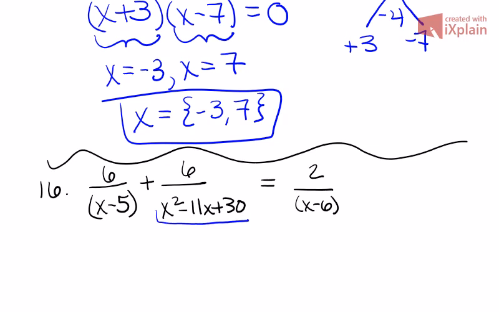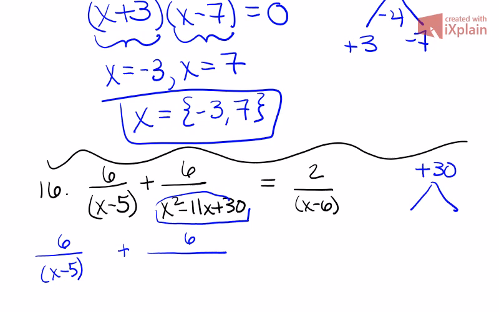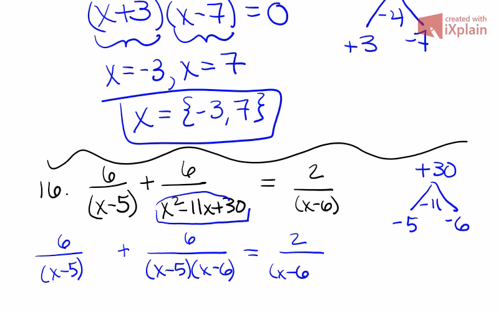First thing I need to do is factor this guy so that I know what I'm working with. So 6 over x minus 5, we'll leave that for right now, plus 6 over, again naked factoring, so what multiplies to 30 and adds to negative 11? Negative 5, negative 6. So this is going to be x minus 5, x minus 6, equals 2 over x minus 6.